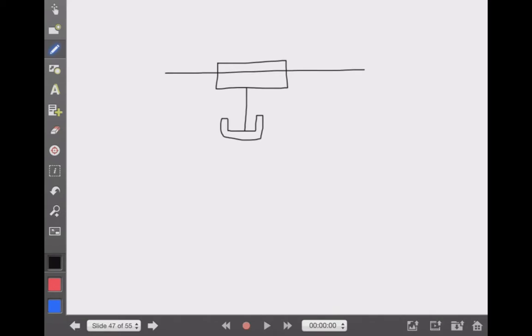Let me just use red for all the downward forces. What's pulling down on the block is the weight of object 1 plus the tension in the string, and what's hanging down here is just the weight.